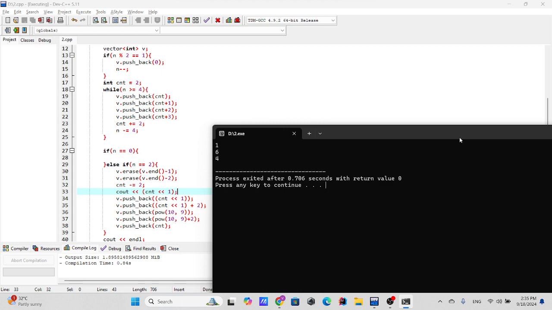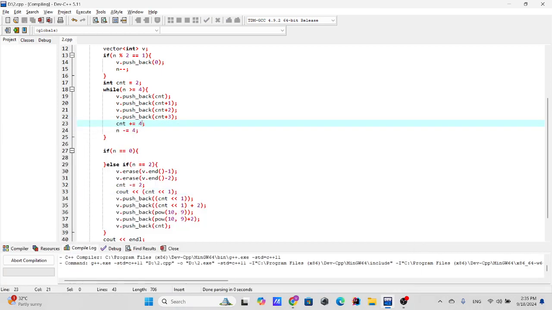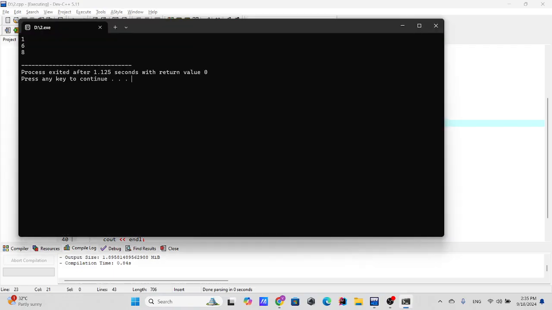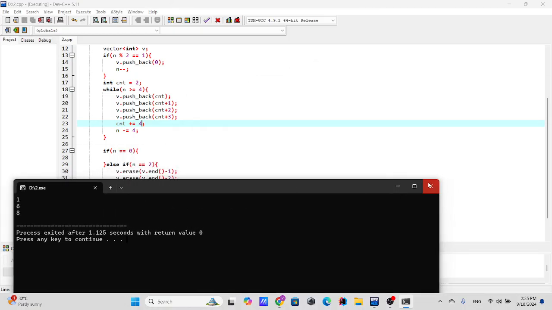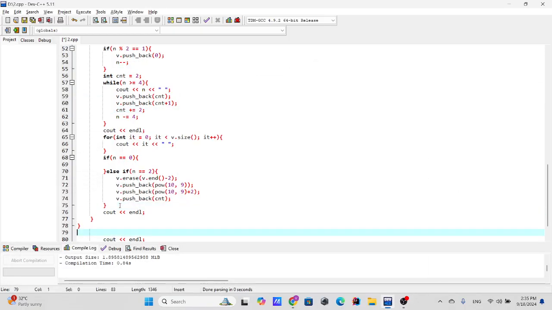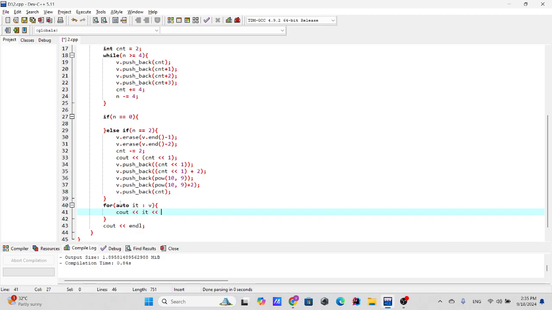Count is... oh. So why is this wrong? Why is this wrong?